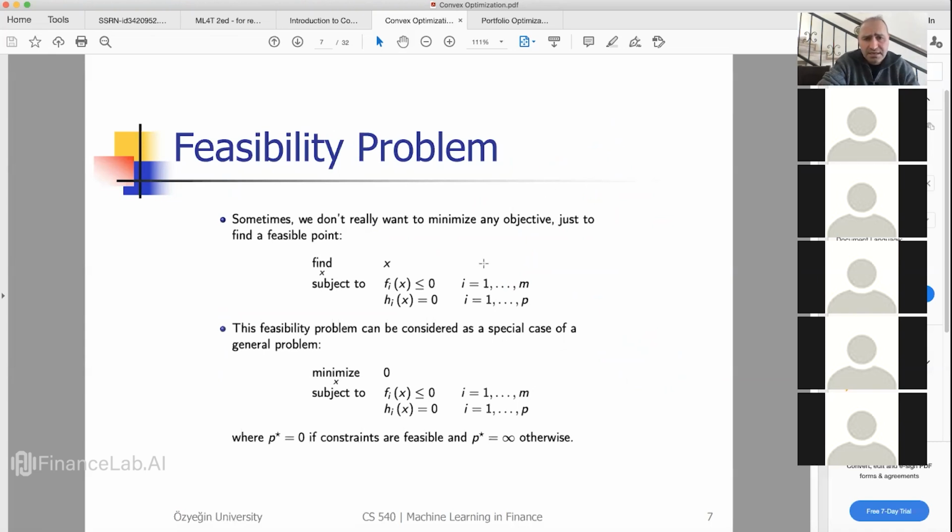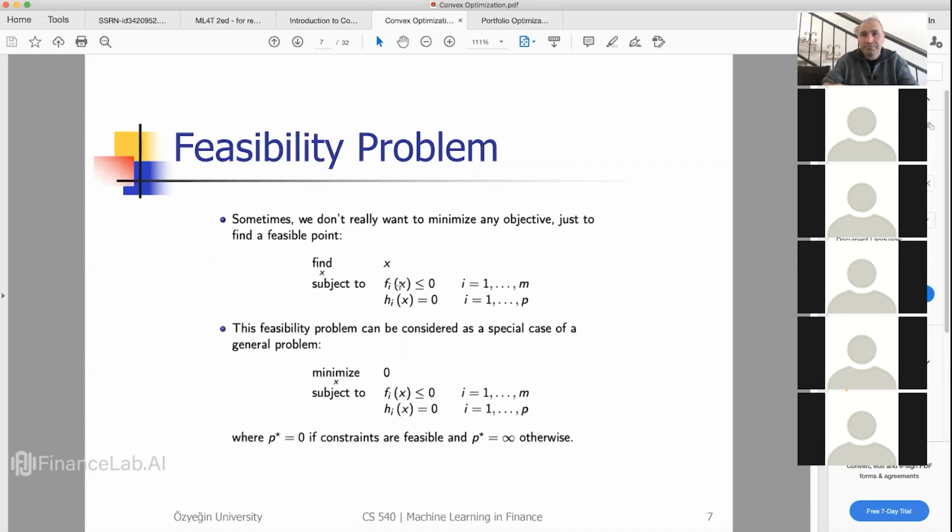For instance, we don't have any objective that we want to minimize, but we have fi(x) inequality constraints and hi(x) equality constraints. In this case, we try to find an x that just satisfies these constraints. This is called a feasibility problem.